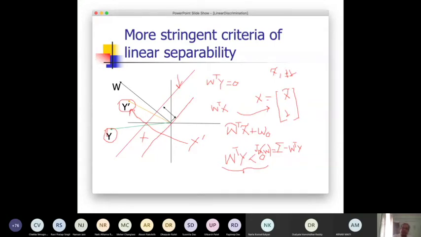The error function can also be modified. You can consider a quadratic. Instead of just simply summing up the positive terms, you can sum all the quadratic terms, and then the error becomes smooth. It has some advantages and some disadvantages.